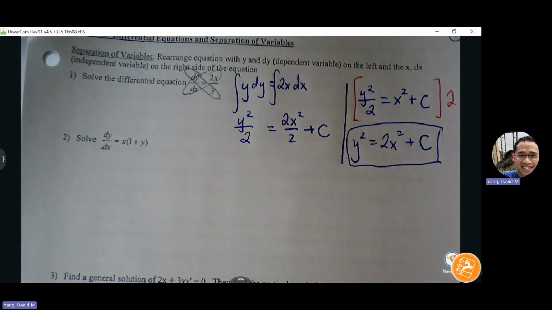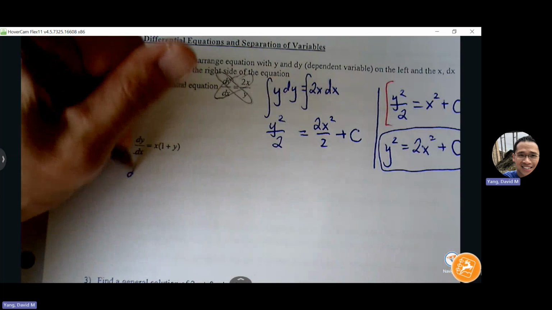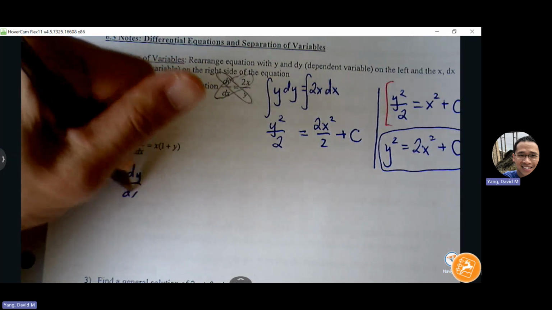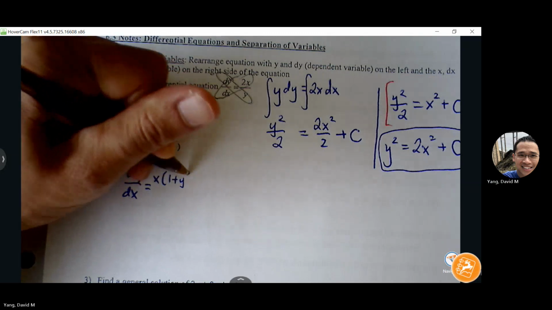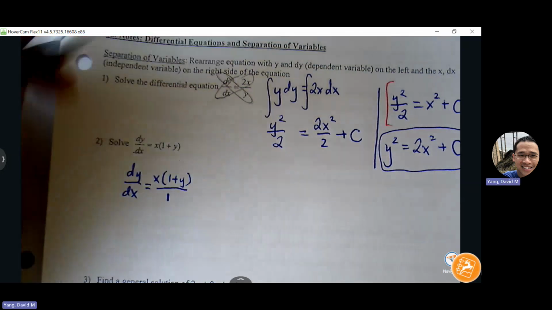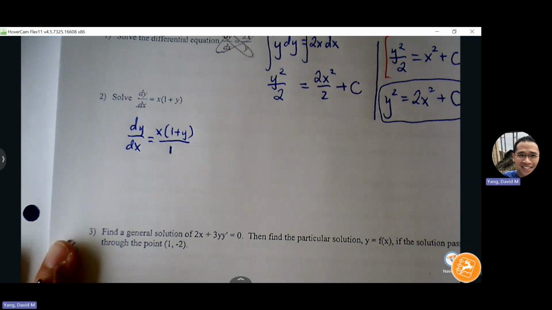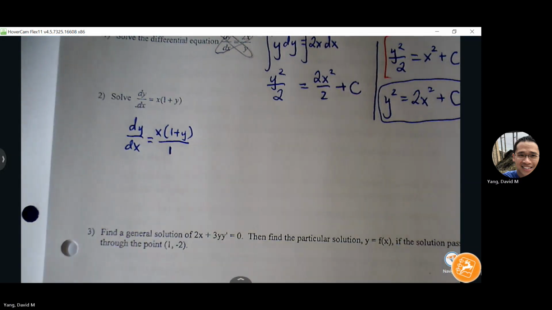Okay, number 2. I'm going to cross multiply, but just so I can see all my numerator and denominator, I'm going to rewrite it and put it over 1. Oh, and whenever they give you a different equation with parentheses already set up in the problem, they are meant to help you.